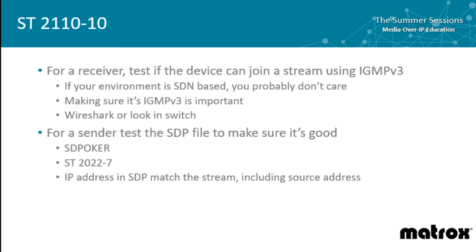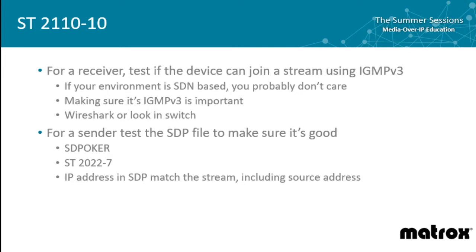This is basically done using Wireshark to spy on a device to make sure it's doing IGMP v3 requests and not v2s. Because when you have a network that's based on IGMP v3, if someone does v2, everything turns to v2, and it can be a big problem. Yeah, it's a big deal. So it's important to make sure they actually do v3 and not anything else.